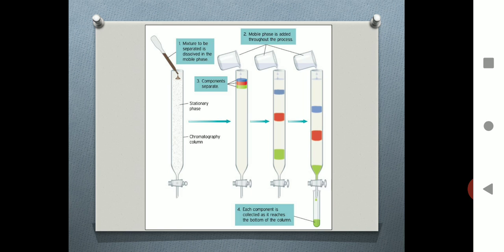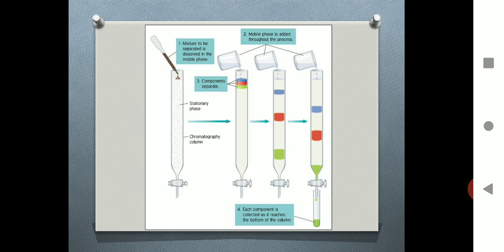These different components get adsorbed on the surface of the packed adsorbent to different extents, and when we pour the mobile phase, which can be one particular solvent or a mixture of solvents, and this mobile phase flows down the packed adsorbent in the chromatographic column, it takes along with it the various components which have been adsorbed to different extent.